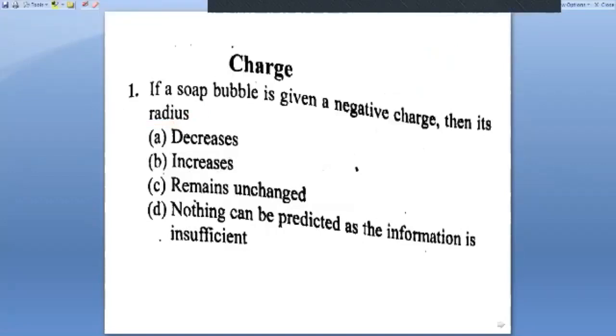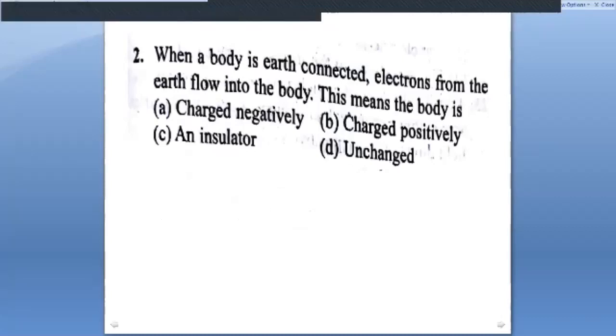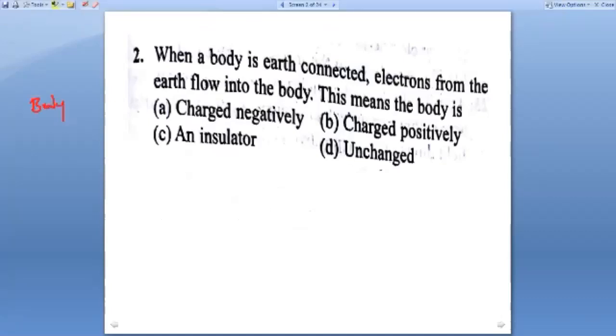Question number 2. When a body is earth connected, so this is the body. The body is connected to the earth.